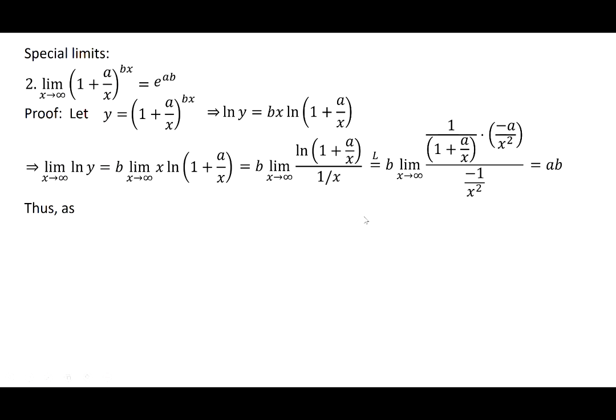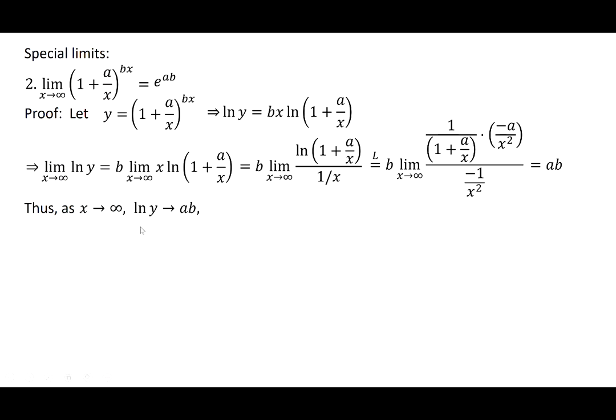Now, how do we interpret this? Could we say this? Thus, as x approaches infinity, when we say limit as x approaches infinity, that's what we mean. As x approaches infinity, natural log of y approaches ab. Can we say that? As x approaches infinity, natural log of y approaches ab.